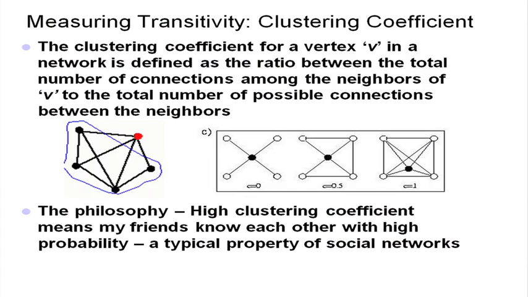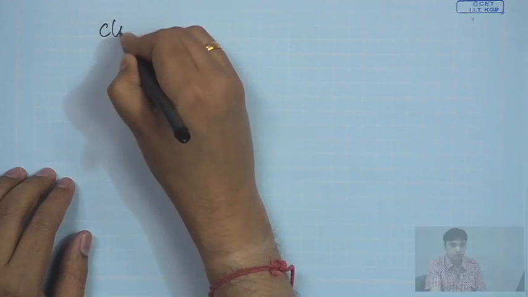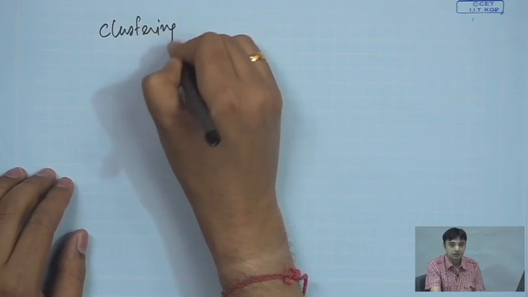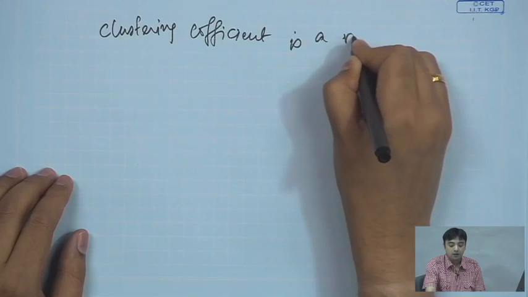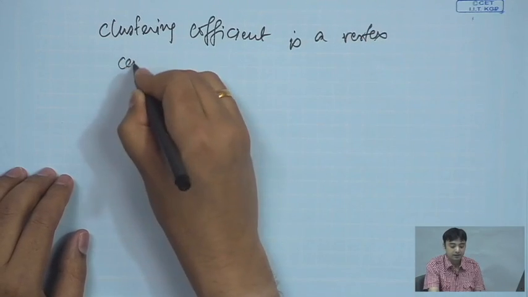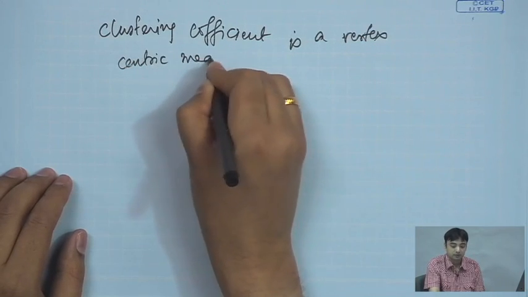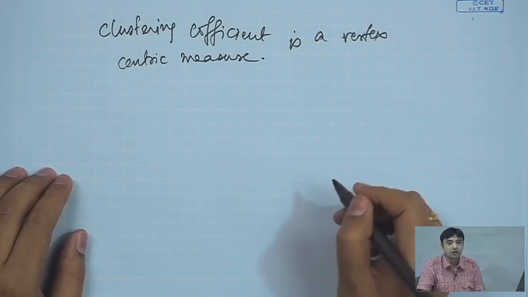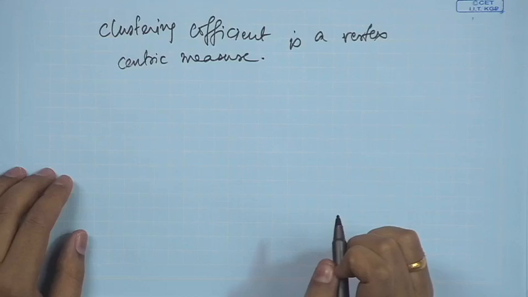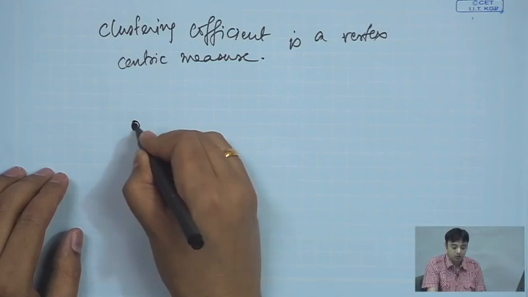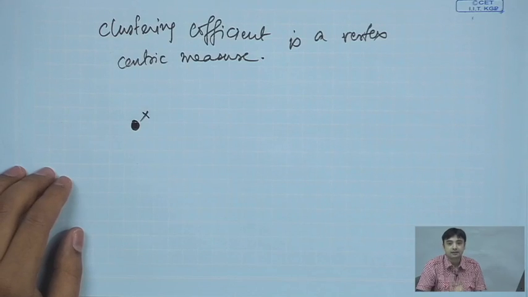So, the clustering coefficient can be measured for each vertex. It is a vertex centric measure, so you can measure this value for each individual vertex separately. Suppose you want to measure the clustering coefficient of a node, say x here.